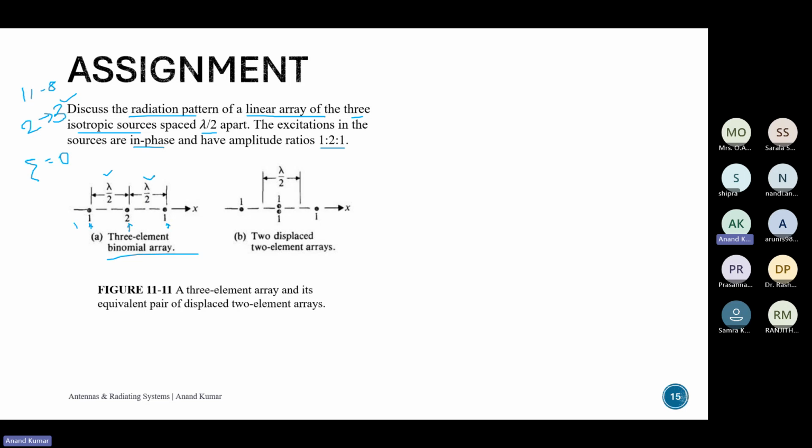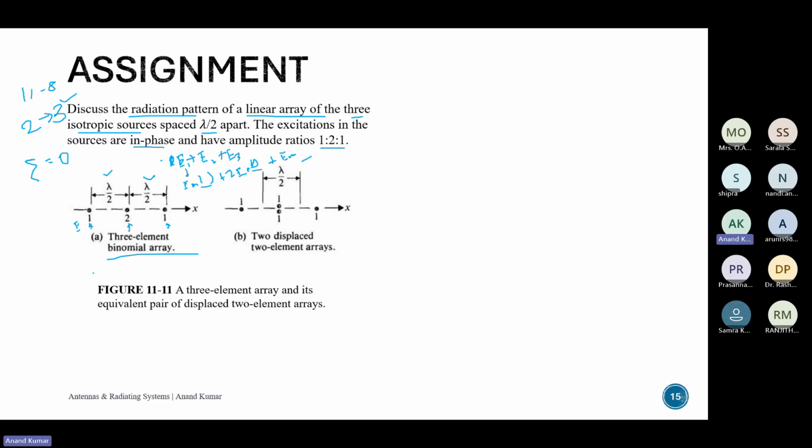So the electric field that we get at a far distance would be E1 plus E2 plus E3, and if you write them, the magnitude, for example, if the magnitude is EM, this will be EM with some terms, plus 2 EM with other coefficients, plus again EM, but it will have other terms as well with them.